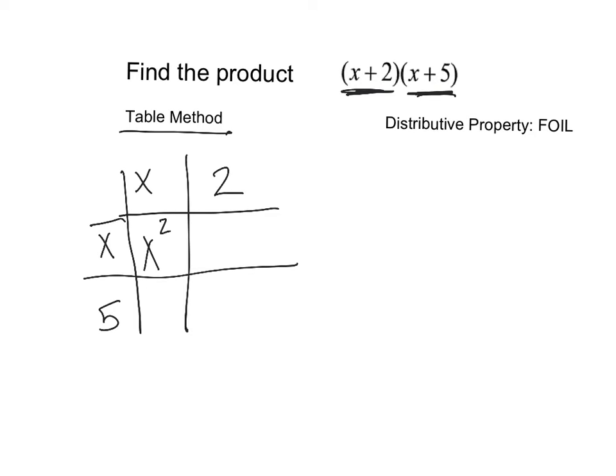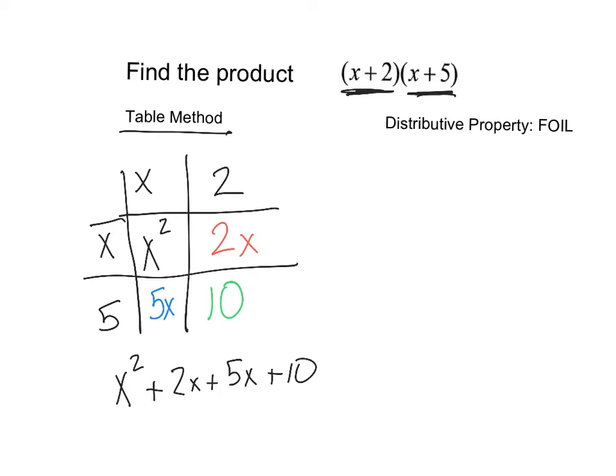Now I'm going to come to this one. 2 times x is 2x. This one, 5 times x is 5x. And then finally 5 times 2 is 10. So then write them out, largest exponent first, and work your way down, putting like terms next to each other. Combine like terms.